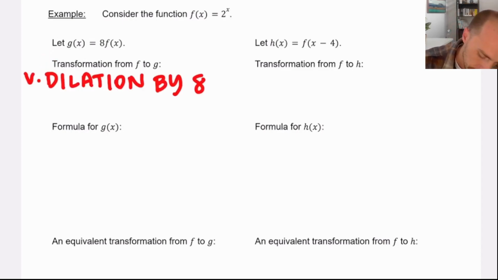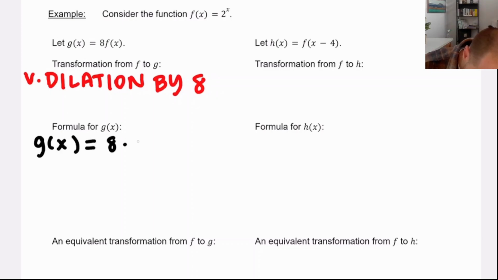But if we dove in and tried to write a formula for g of x and then applied that exponent property I was just reminding you about, we might see that we could look at this as a different transformation. So if g of x is equal to 8 times f of x, g of x is going to be 8 times 2 to the x. And we've seen exponential functions like that just even recently.